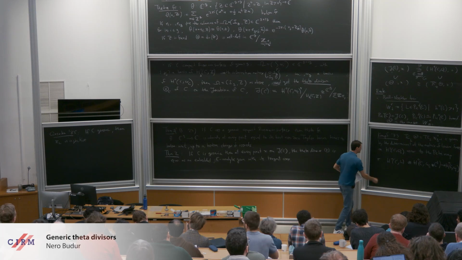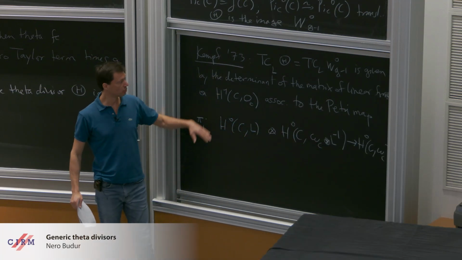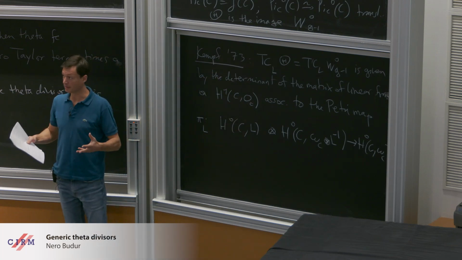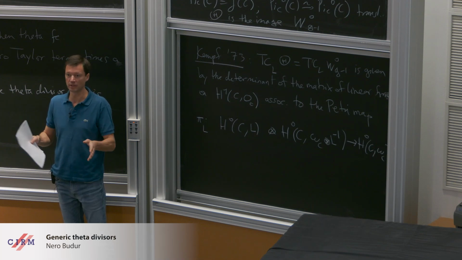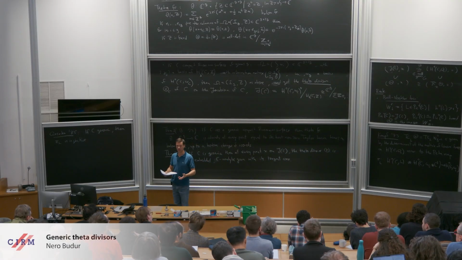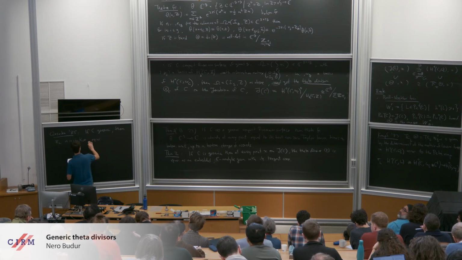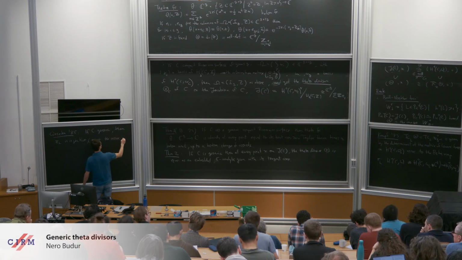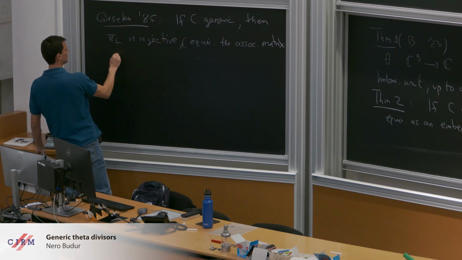This being injective as a linear map is equivalent to the associated matrix of linear forms being generic, in other words, the matrix of x_ij's, where the x_ij's are independent variables. There we know a lot about the singularities of the determinant of such matrices.